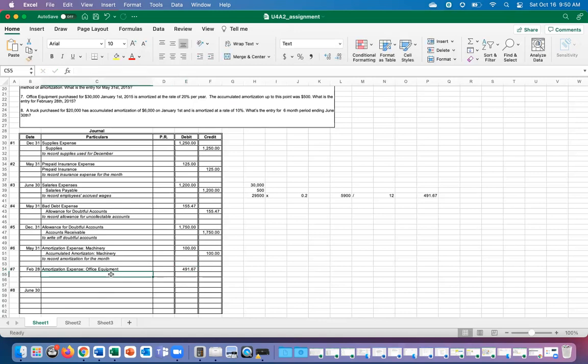And then our credit is just like in number 6, it's our accumulated amortization account. And this is the accumulated amortization for the office equipment. So this is where we keep track of how much each specific item that we own has depreciated in value or amortized in value.